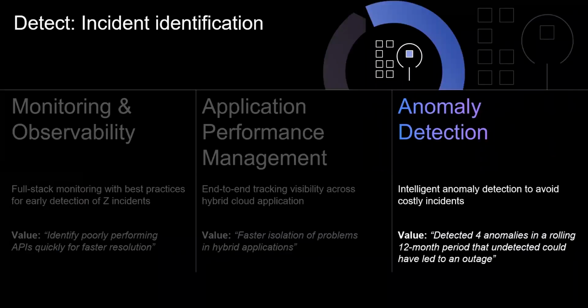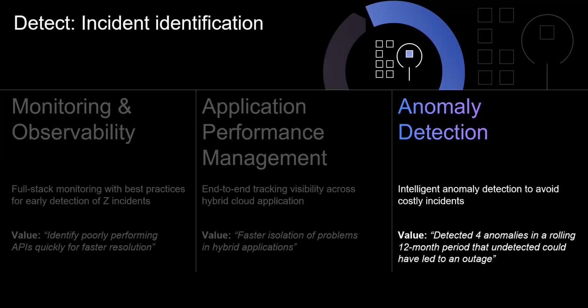So if we drill into the detect phase, there are 3 key capabilities that we have. We have our monitoring and observability, our application performance management, and as you might have guessed, today's session is focused on anomaly detection. And all 3 of these have evolved and worked together.